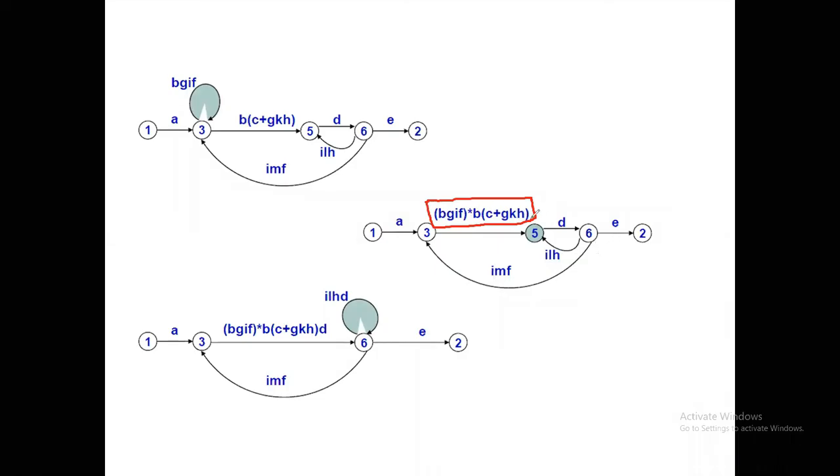Now we are going to remove this 5. We select a node, that is 5. Now if we remove this 5, if you observe, this is the 6 D, so this is I, L, J. Now this is a self loop and it is I, L, H, D. Remaining everything is the same, and you add this D here.